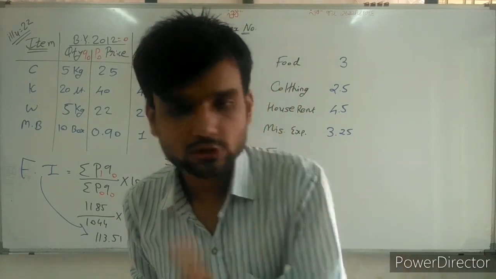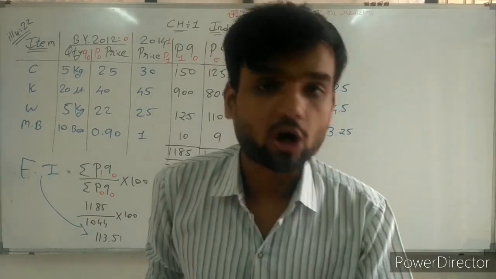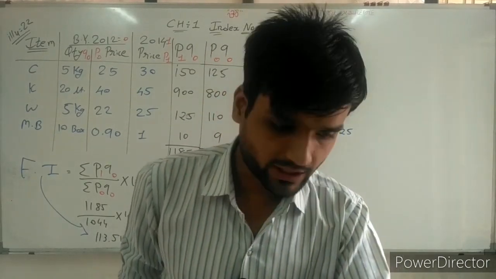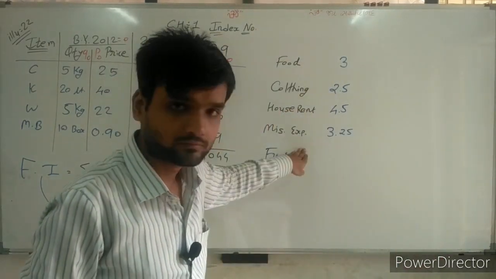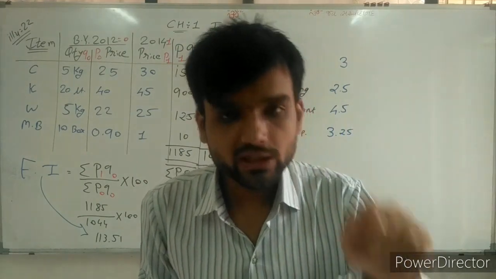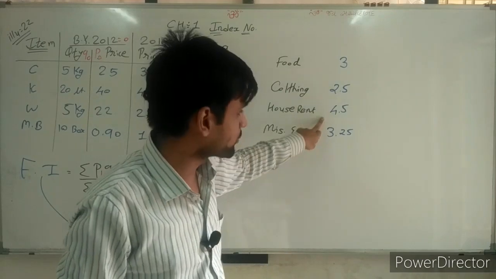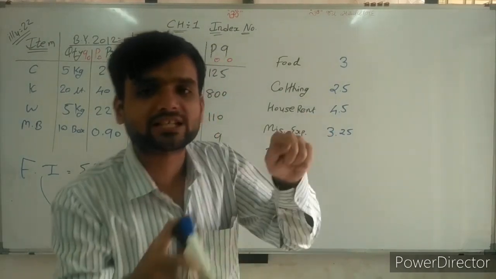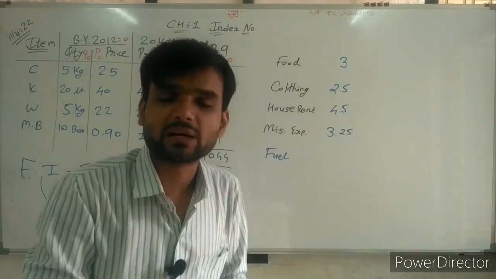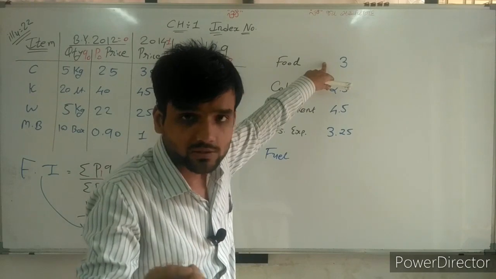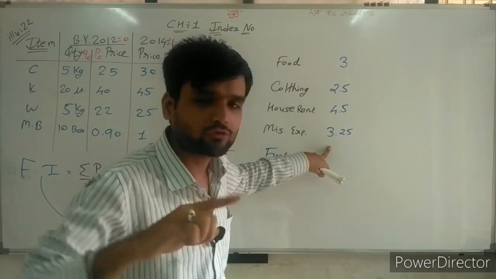So again I am reading the whole sentence. Try to understand. If the expenditure for food, clothing, house rent and miscellaneous group in the year 2015 are 3, 2.5, 4.5, 3.25 times respectively.